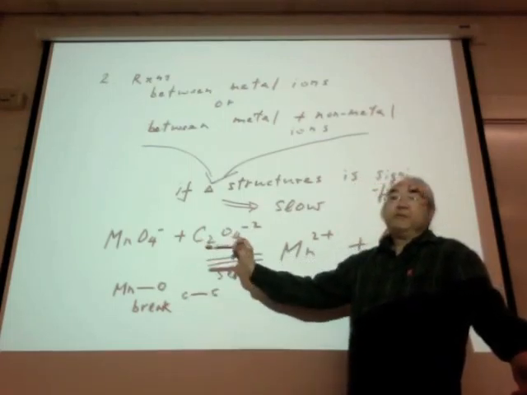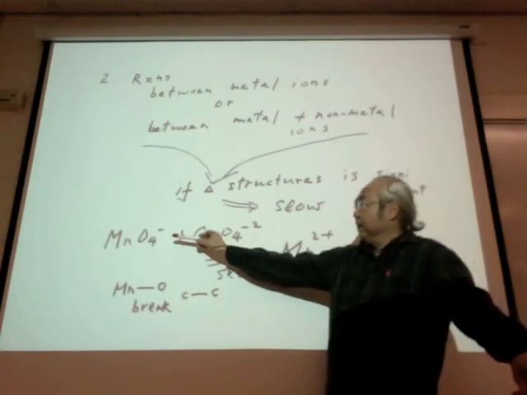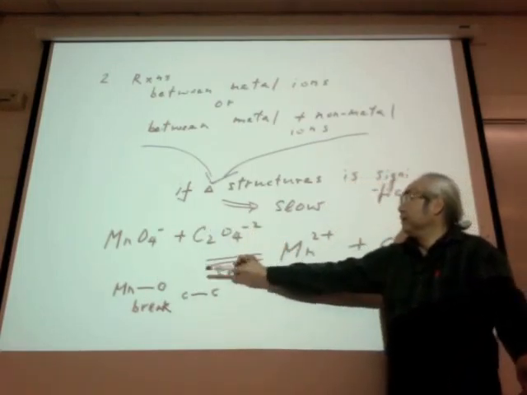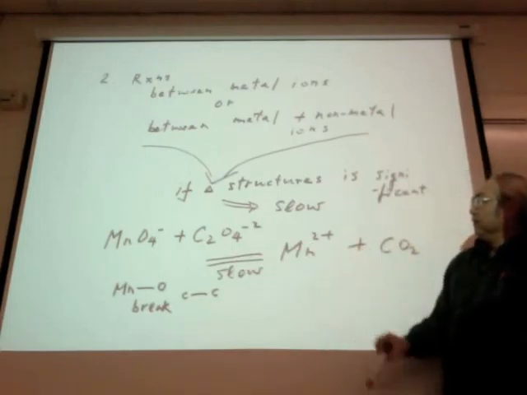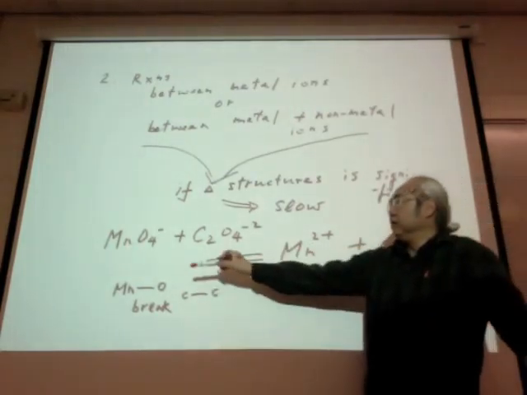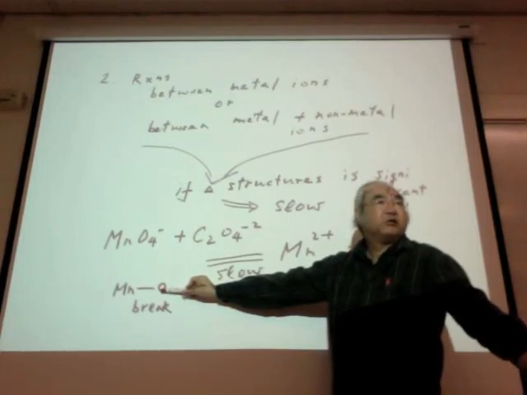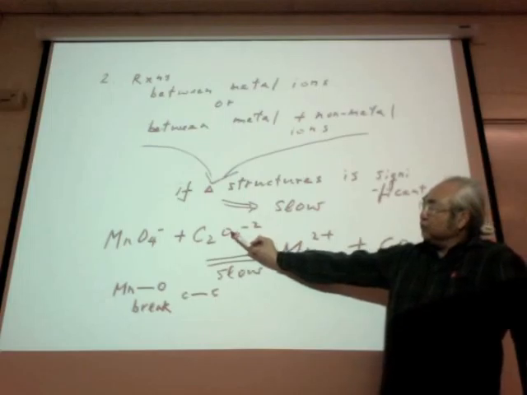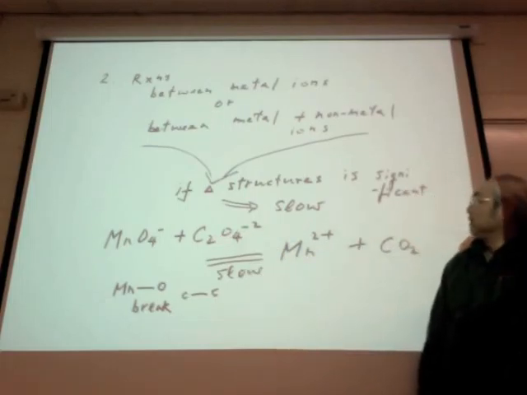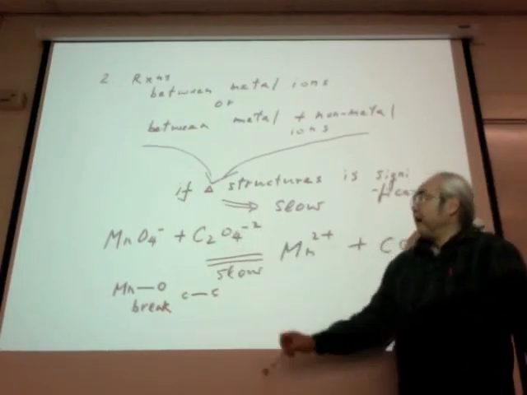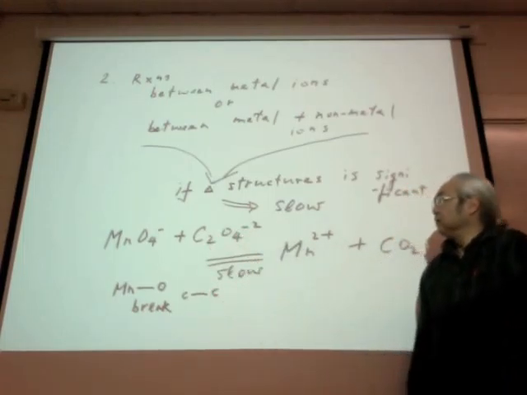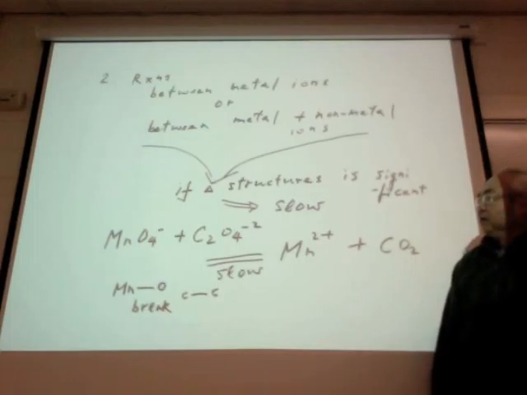So energy is going to be required to break this bond before they can form this product. So you have high activation energy right here. And here too, this guy is going to break bonds, but there's a CC bond in between, a tough bond that needs to be broken.